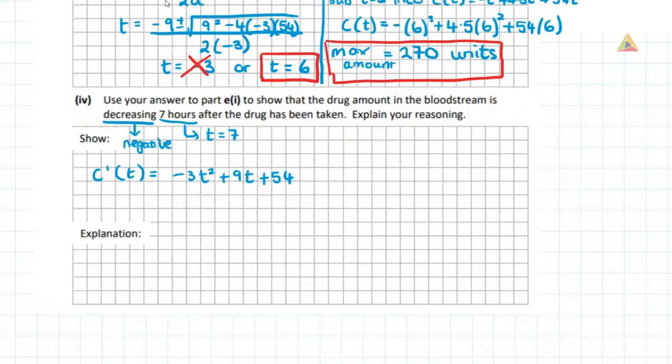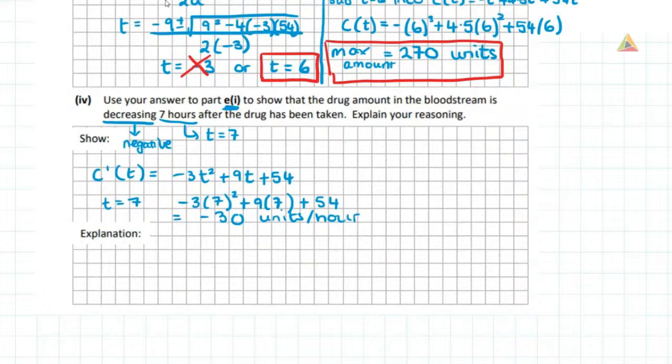So when t is equal to 7, our rate of change is minus 3 times 7 squared plus 9 times 7 plus 54. And when we put that into our calculator, we're going to get minus 30, and that's going to be units per hour, because it's the rate of change. It was telling me to use the answer from part E, part 1.